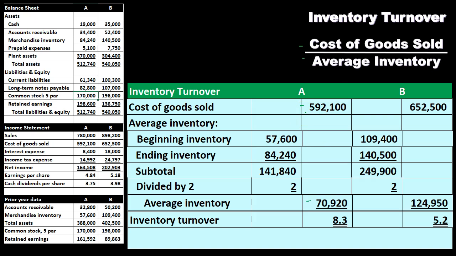And we would like to have it turn over more generally, because that would mean that we're selling the inventory and not holding on to it as much. We would rather be selling our inventory faster and spending less time and effort and money and risk holding on to the inventory for a longer period of time. So in that case, A is looking better at the 8.3 than B at the 5.2.